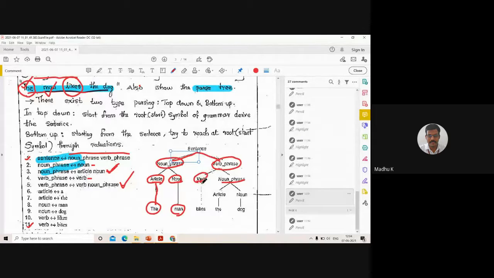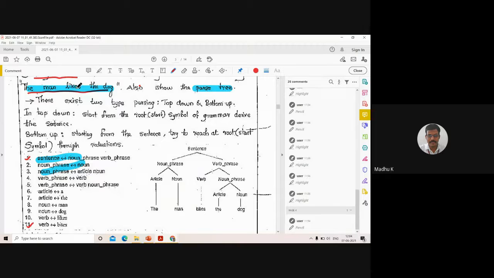Then the verb is replaced with its corresponding verb. Sorry, this is not likes, this is actually bites. The man bites the dog. Oh sorry, this is actually likes. The man likes the dog.